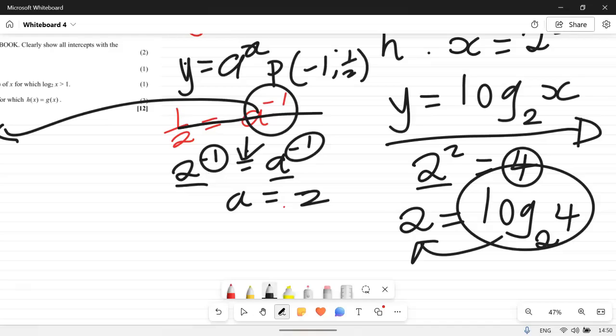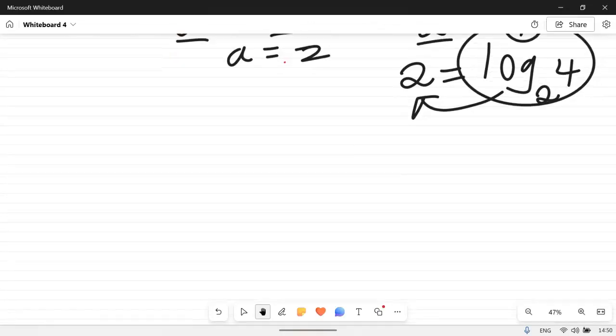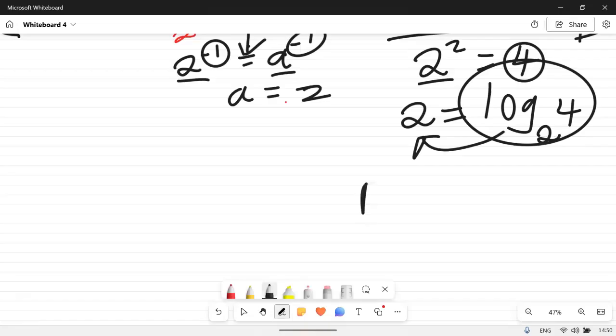because this can also be simplified further using the laws of exponents to say the right hand side. On our right hand side we have the log base 2 of 4.